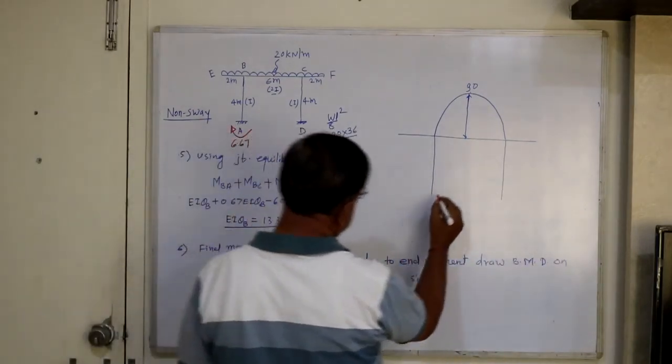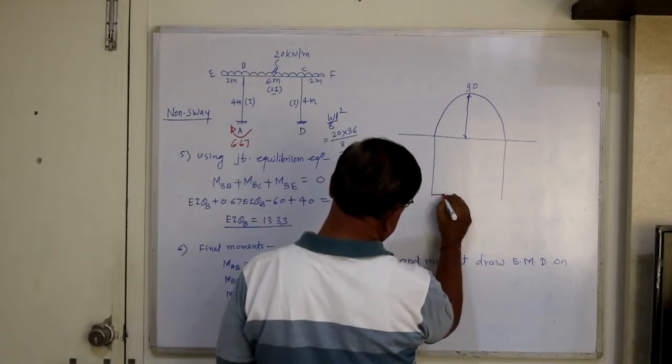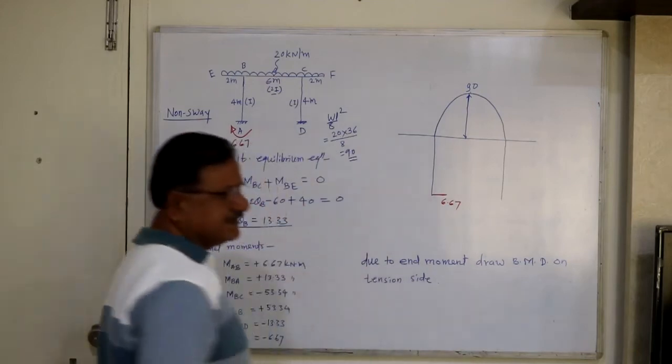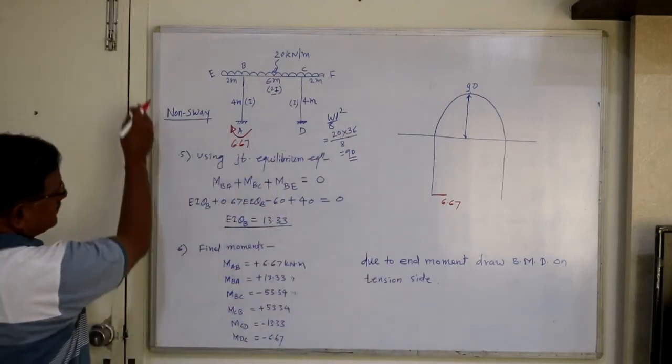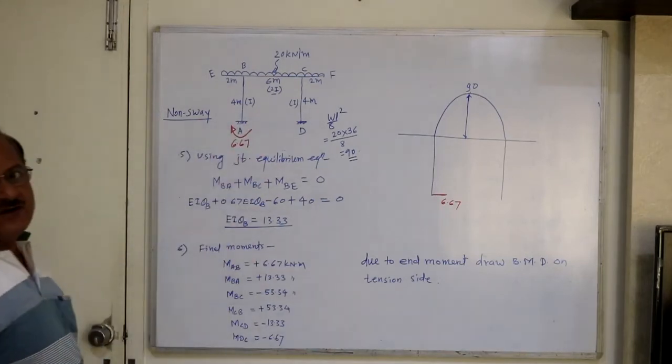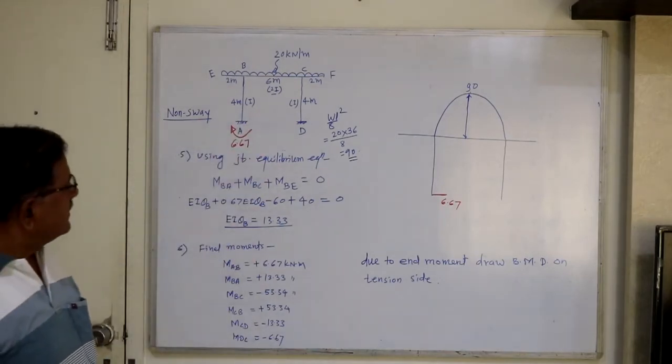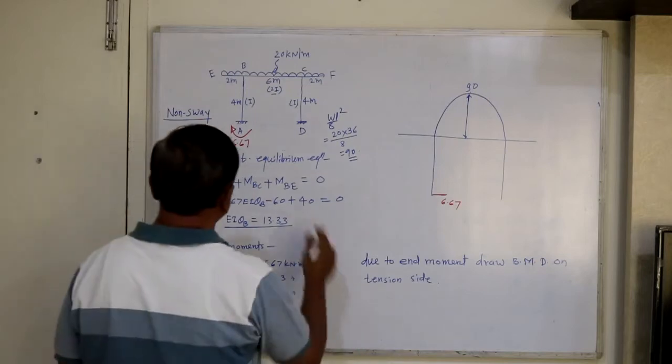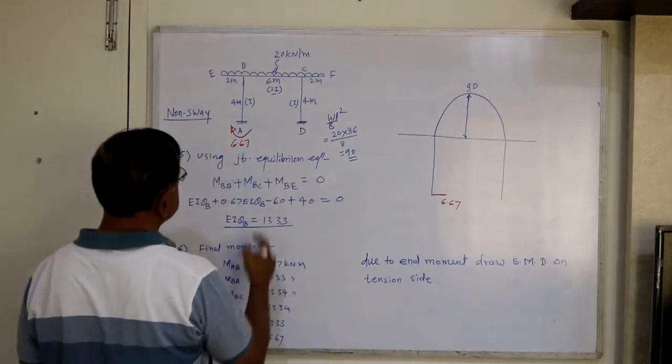So draw ordinate 6.67 here inside. So when you rotate the end in a clockwise direction, tension will be on the inner side, and you plot the ordinate inner. So here this next MBA is plus.